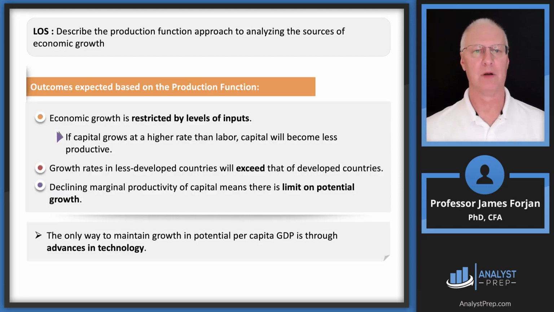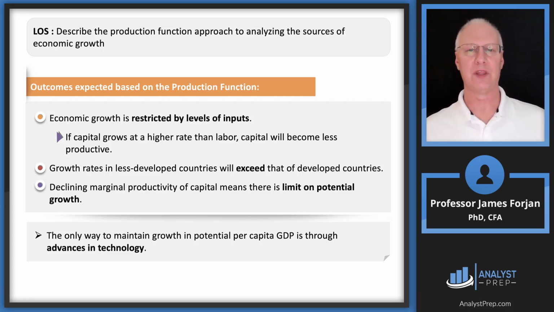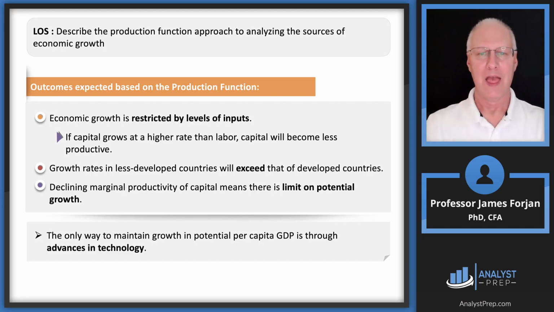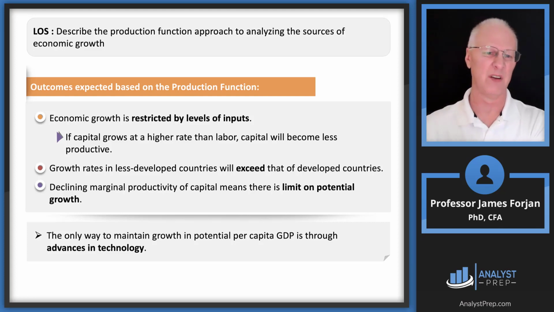All right, how about outcomes on this production function and some of these assumptions here? Economic growth is restricted by levels of input, of course. So what happens if some crazy thing happens? Suppose we have 100 workers and we have 100 units of machinery, and the machinery could be manned by, let's say, 150 workers.